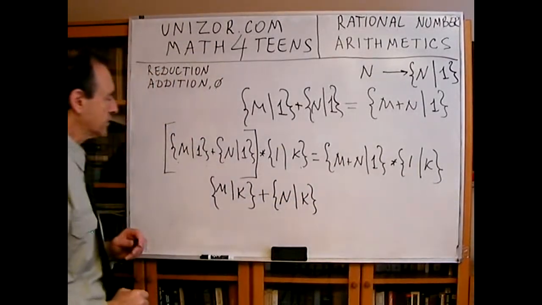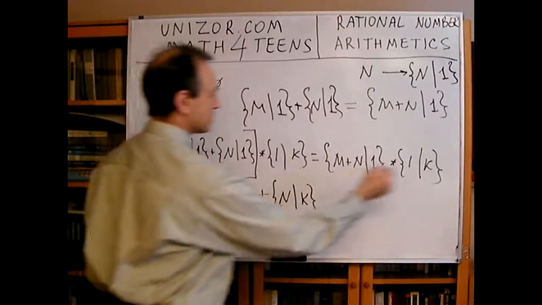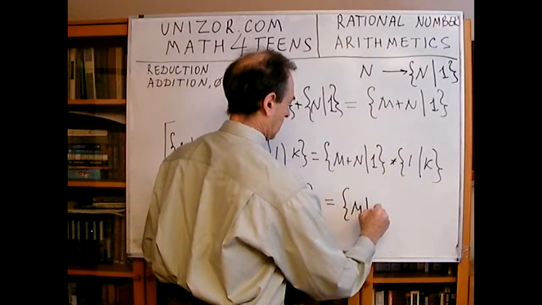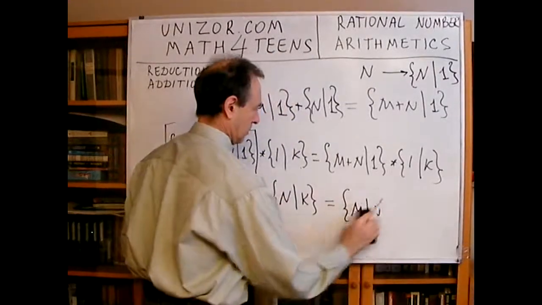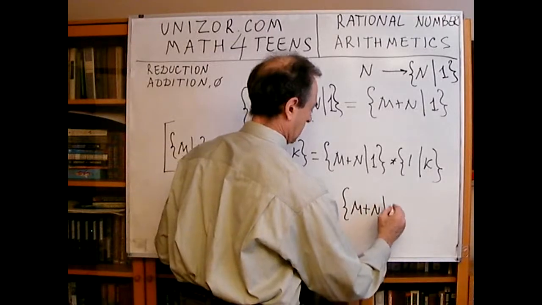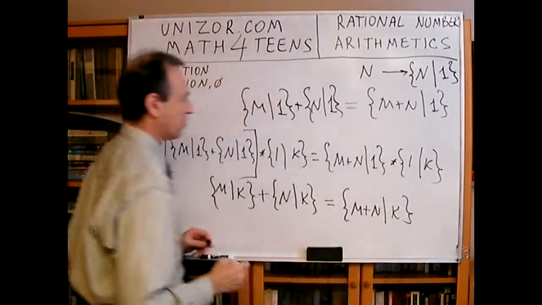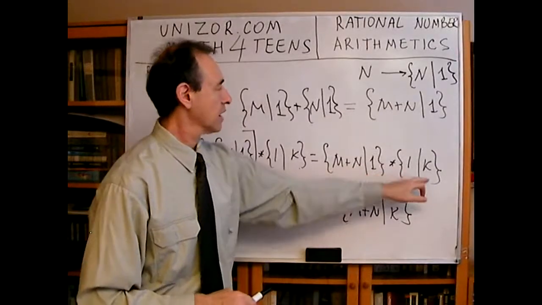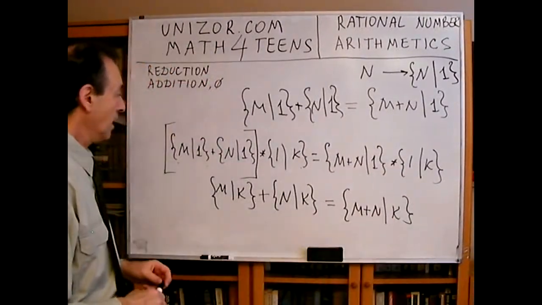So the left part is this. What's the right part? The right part is this, right? m plus n over 1 times k, so it's m plus n over k.